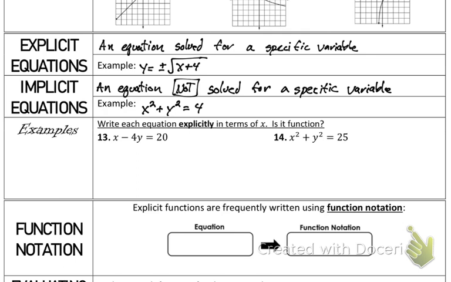So solving for y, we'll have negative 4y equals negative x plus 20. Then we should divide everything by a negative 4. People often forget that. That will leave me with y equals 1/4 x minus 5.